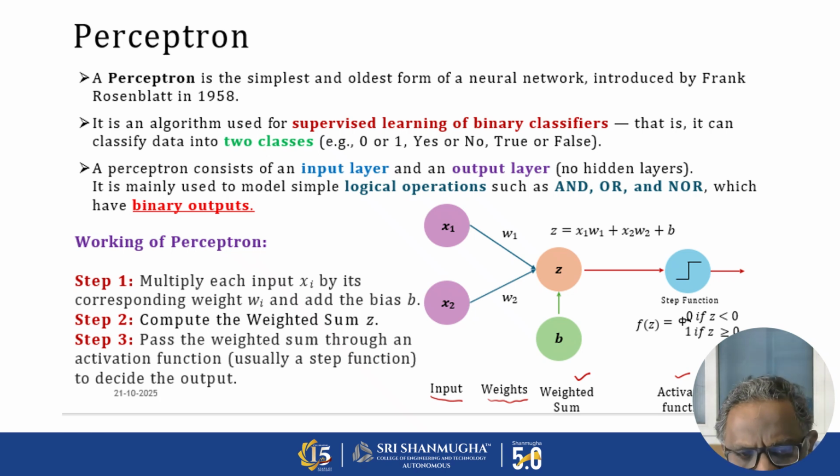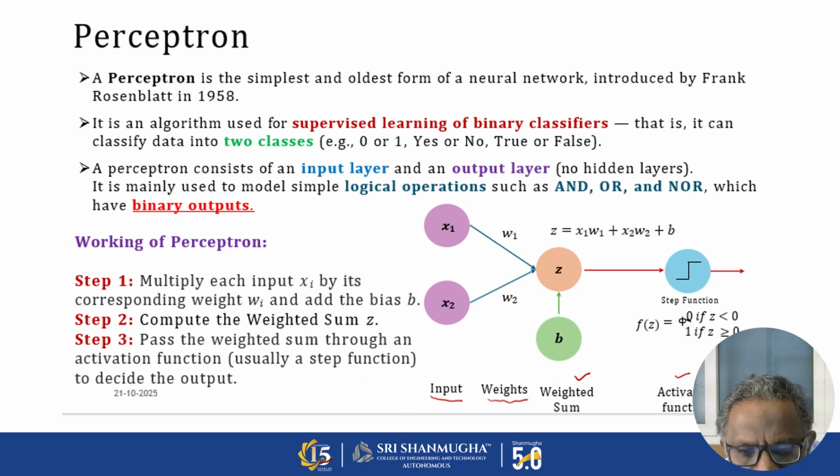In a simple perceptron, we don't have any hidden layer. We will have only an input layer and an output layer. It is basically used in logical operations like AND and OR, where each operation has a binary output.